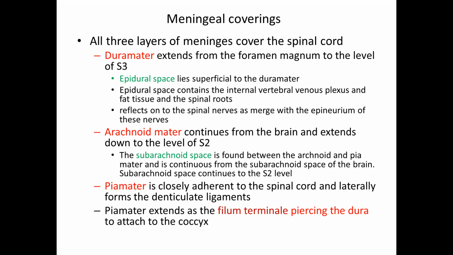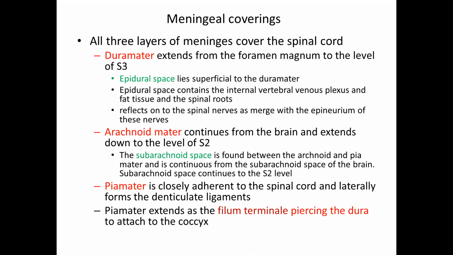And this epidural space will contain the internal vertebral plexus, right, some sort of fat tissue, and also the spinal roots, all right. And the dura mater will actually reflect onto the spinal root and merge with the epineurium of the exiting spinal nerves, okay?